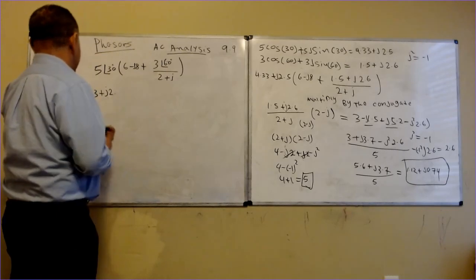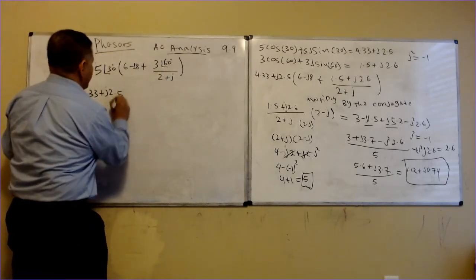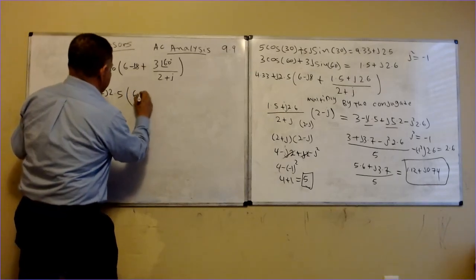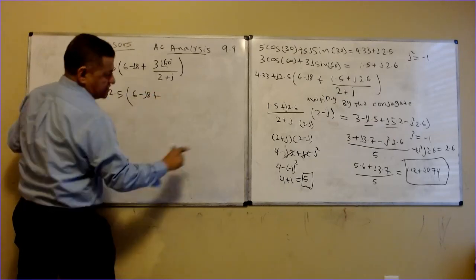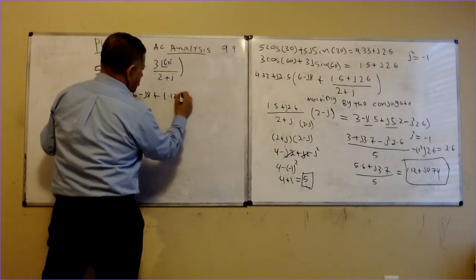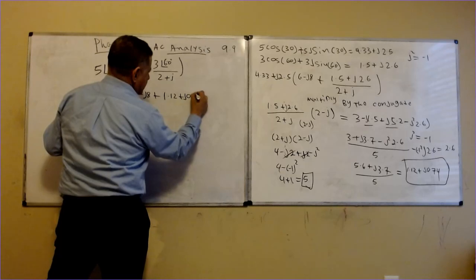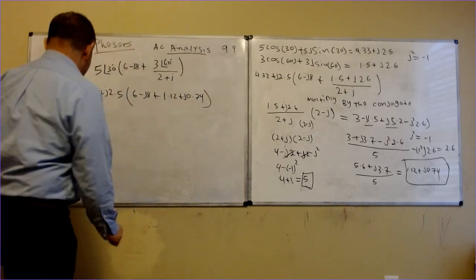Right here, 0.5, put a parenthesis on it, and then 6 minus 8J, plus that, which is 1.12 plus 0.74J.